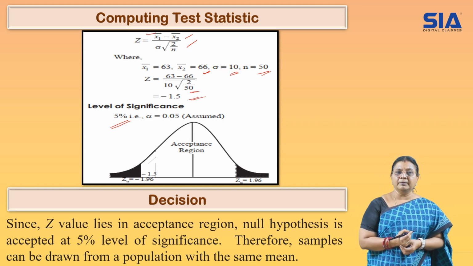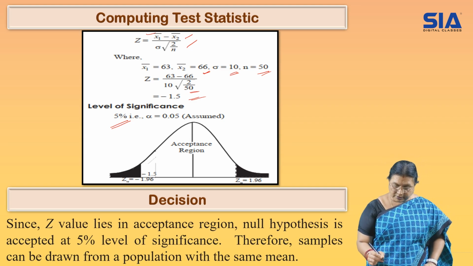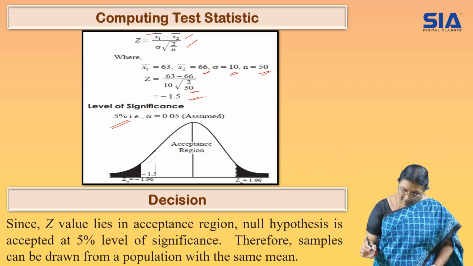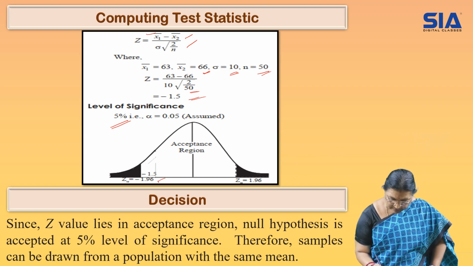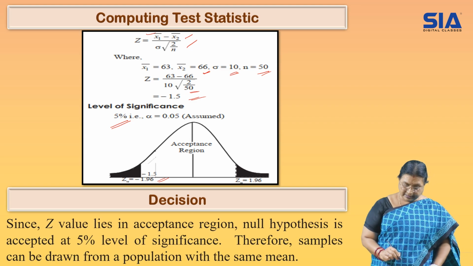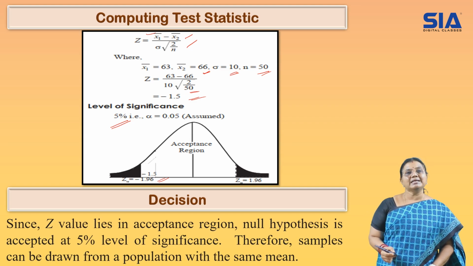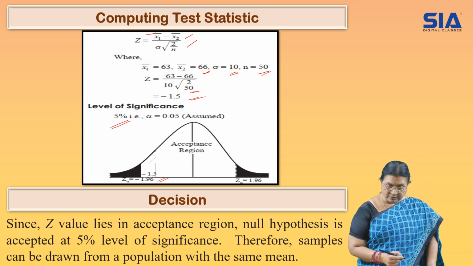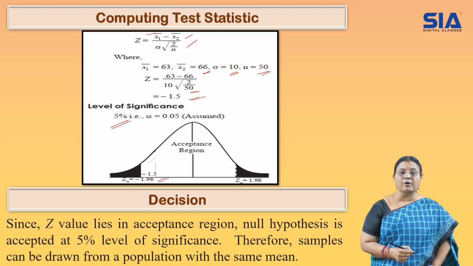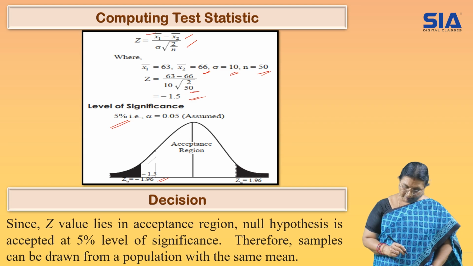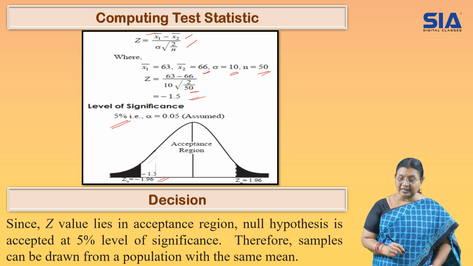Let us see what the table value is at 5%. The table value of Z is 1.96. So the Z value lies in the acceptance region. The null hypothesis is accepted because the calculated value, minus 1.5, is less than the table value, 1.96 in magnitude. Therefore, the samples can be drawn from the same population with the same mean.